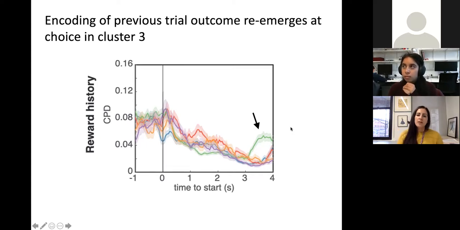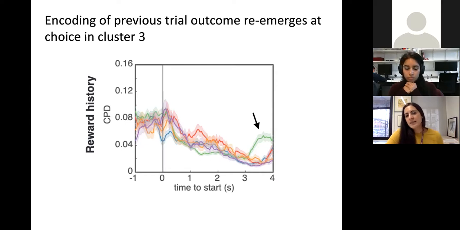One possibility is that this provides a way of influencing ongoing neural dynamics that are driving the choice. So these reward history representations might have a direct effect on how reward history affects the current choice.